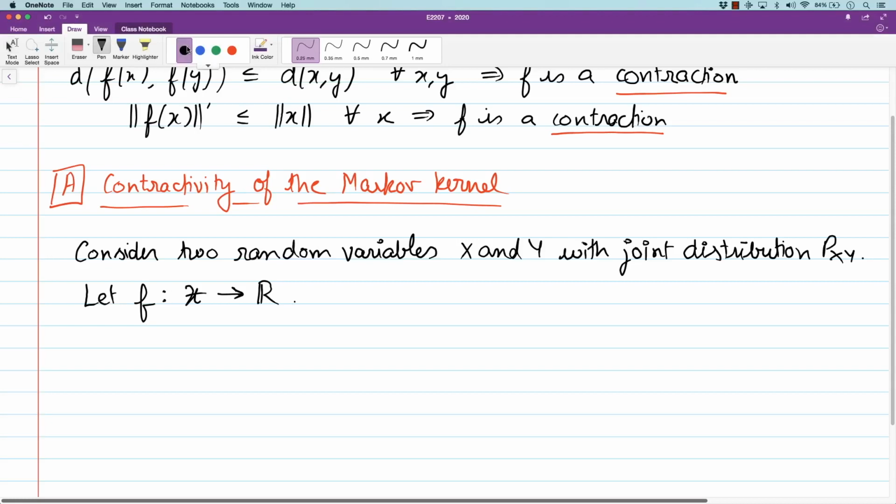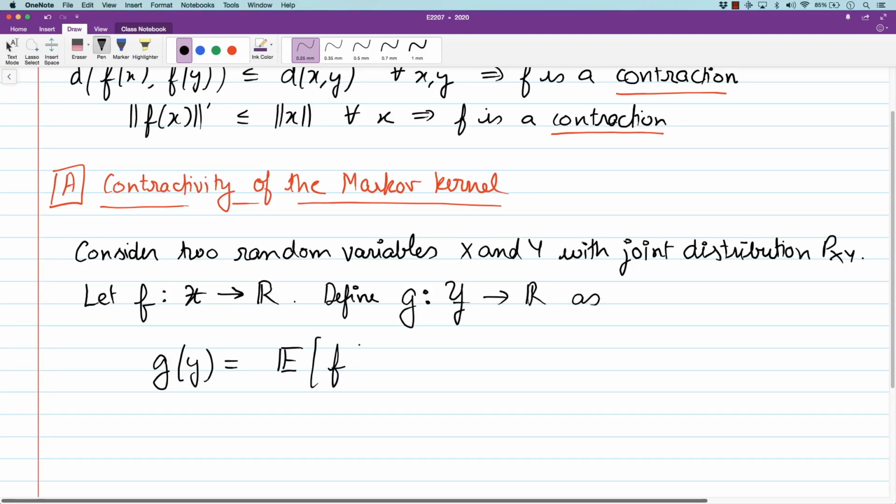So we are given this mapping f. Using this, we can describe a mapping on Y as follows. Define g, which is now a mapping from Y to R, as g of y equals the conditional expectation of f(X) given Y equals y.